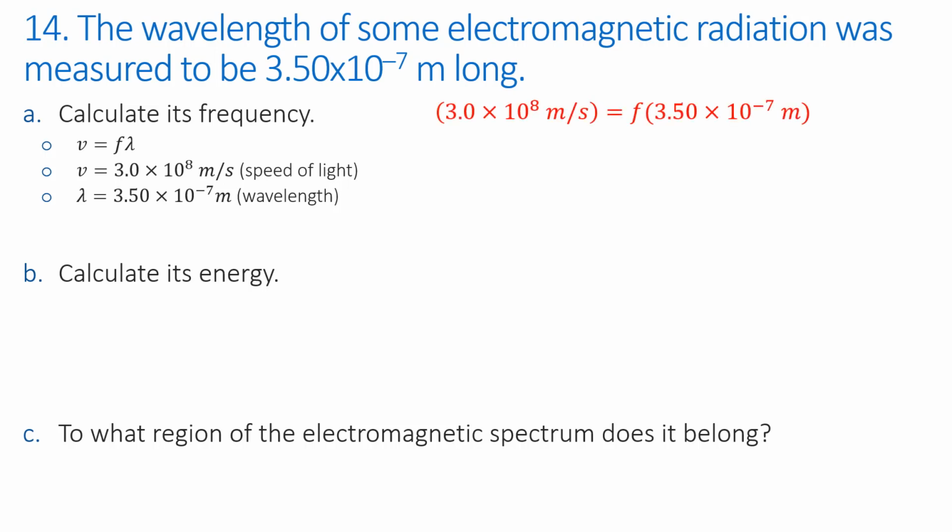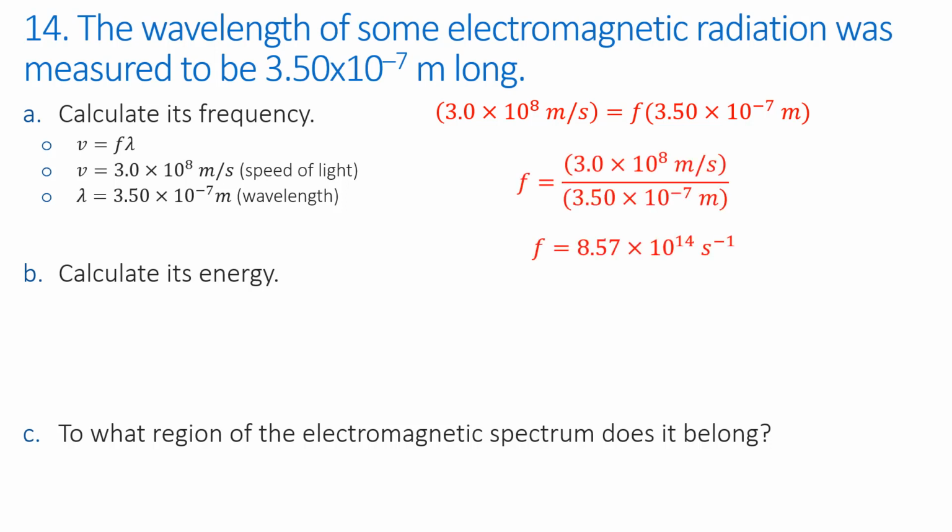I'm just going to plug this into my equation and solve for frequency, and I get 8.57 times 10 to the 14 per second. This is how many times the wave passes per second. It's also written as hertz, Hz.